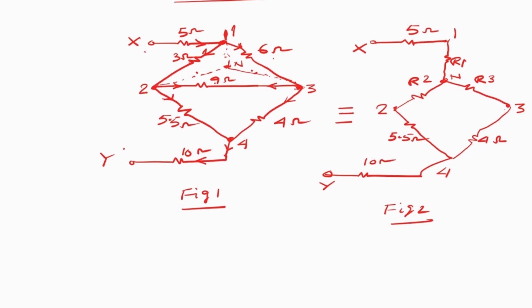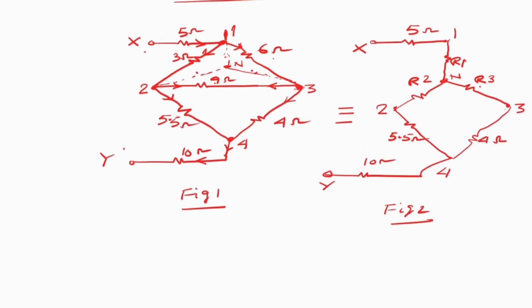So we convert this delta connection, connected between terminals 1, 2 and 3, to the star connection as R1, R2, R3. This will be the star connection, and you can determine the R1, R2, R3 values in the simplest way.